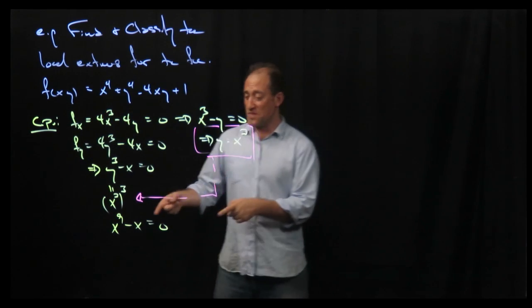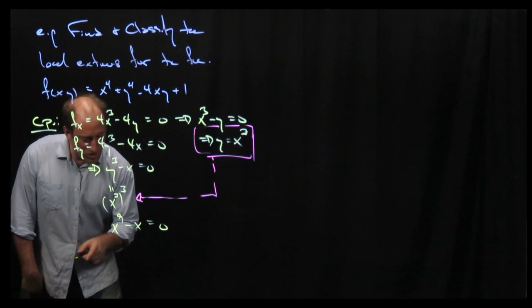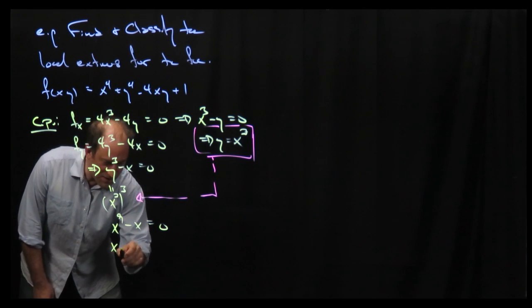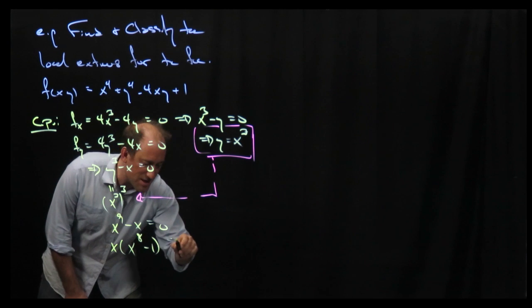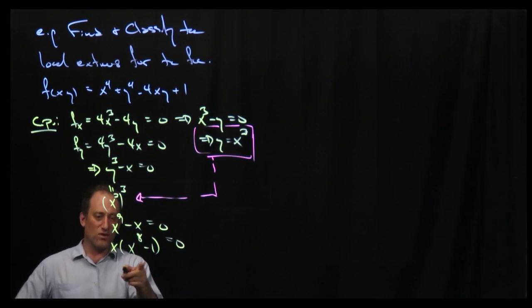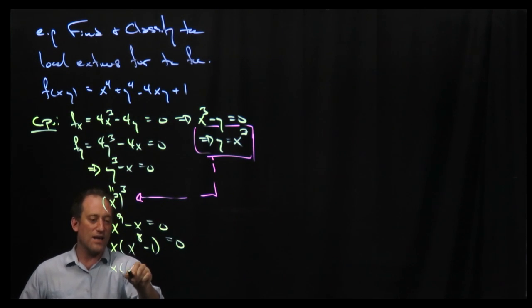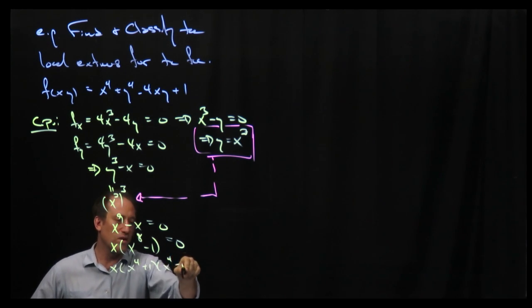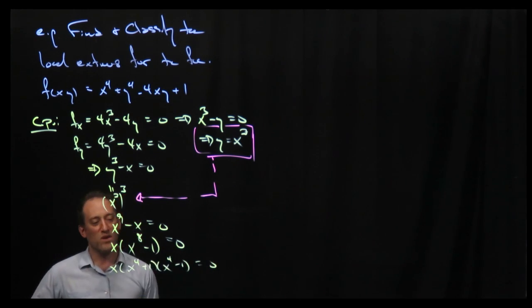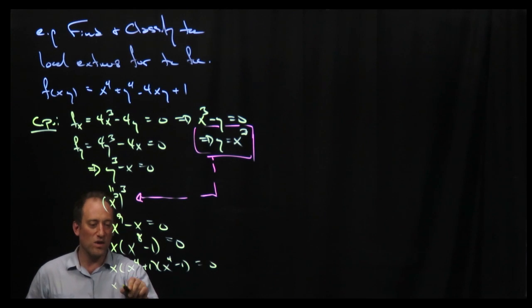This will be x times (x to the 8th minus 1) is 0. This factors as (x to the 4th plus 1)(x to the 4th minus 1) is 0, but that x to the 4th minus 1 also factors.